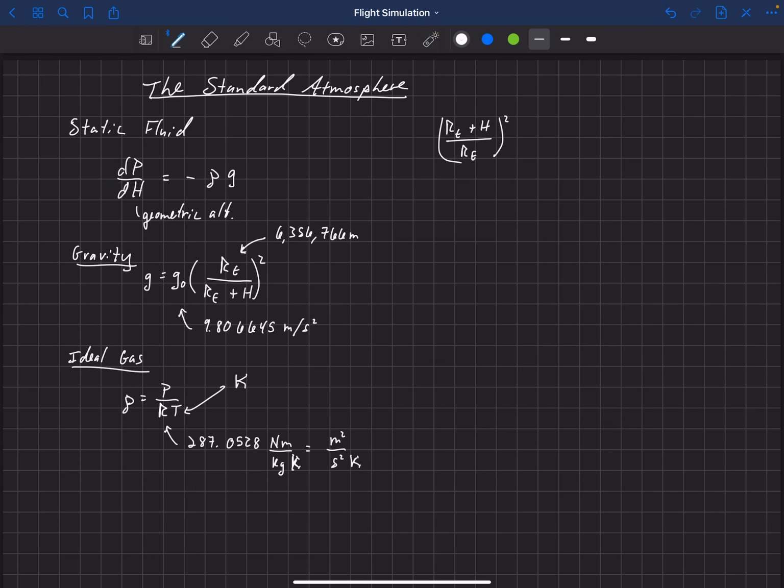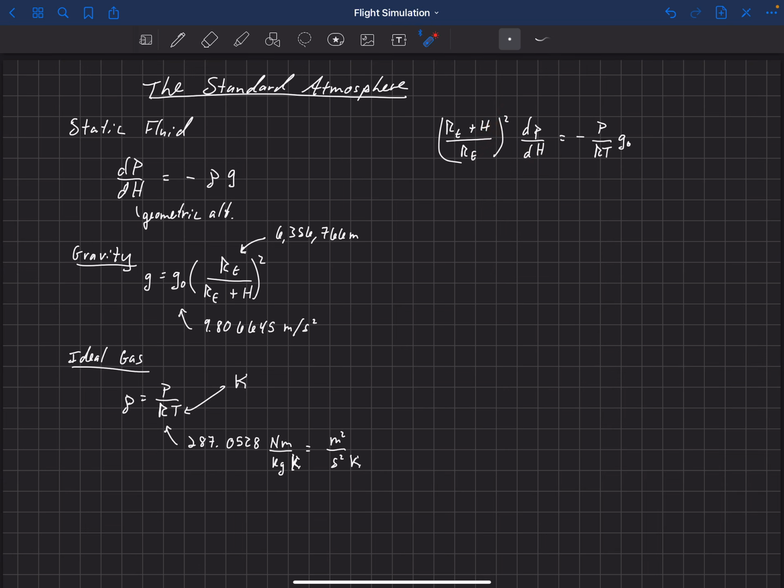And then that's multiplied by dp dh is equal to negative p over RT times g naught. Okay, so we have a differential equation here. See, we've got the change in P with h, and we've also got a P on the right-hand side. So this is a differential equation, but we've got this dh here, and we've got an h right here.